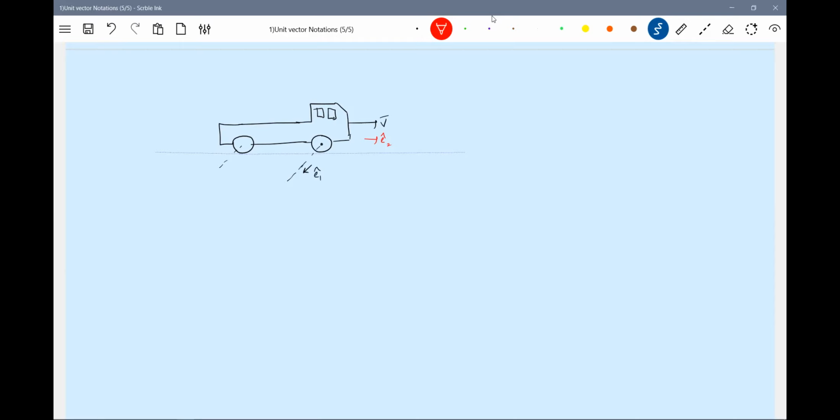I can define so many things, and here some sort of fan or rotating disk is kept. How will it rotate? It will rotate about this axis. So here I'll bring E3 cap.